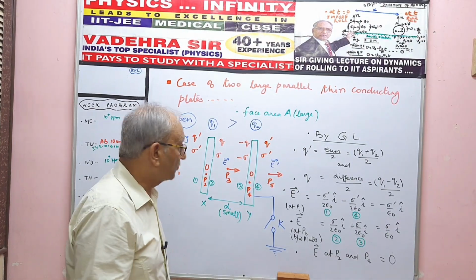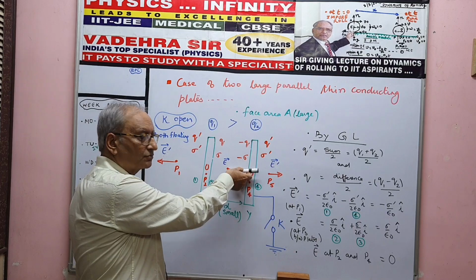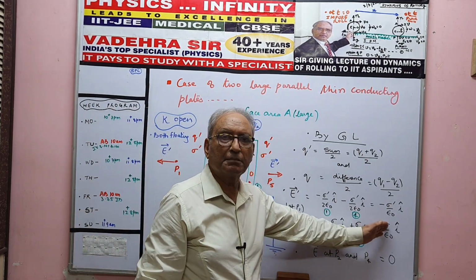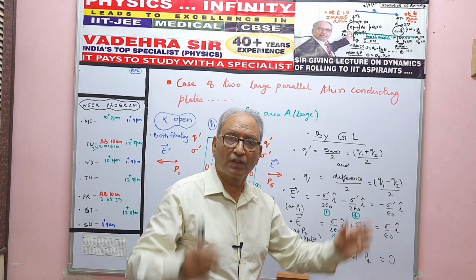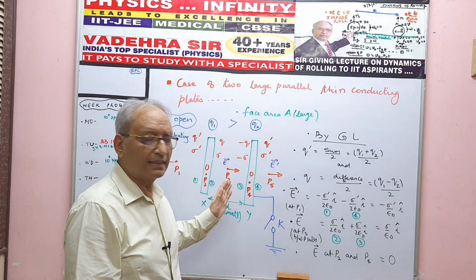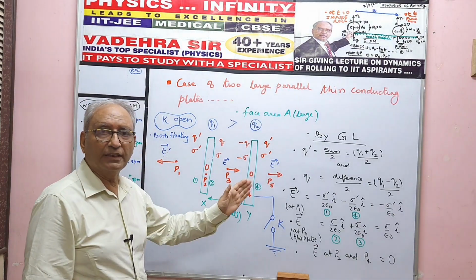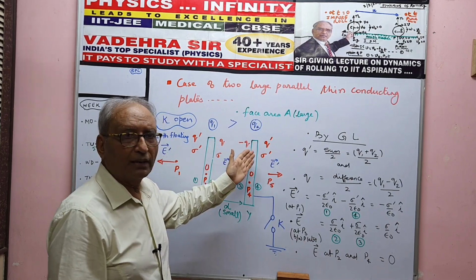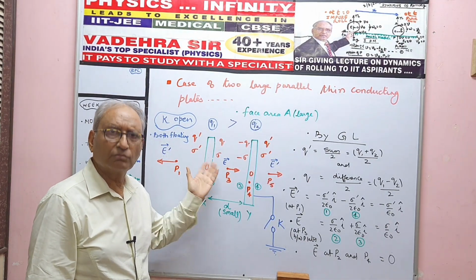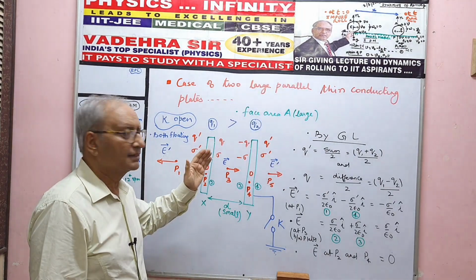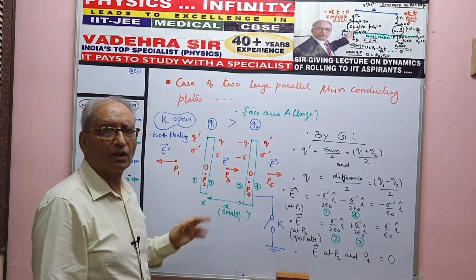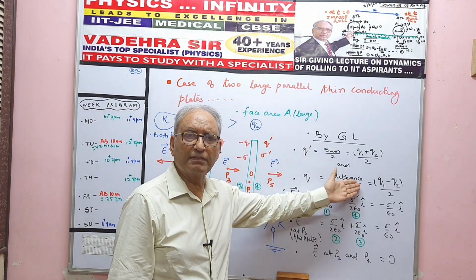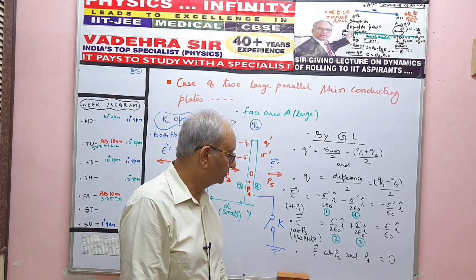The contributions are going to come from this sigma to the right and this minus sigma to the right, and I get sigma upon epsilon naught I cap. Well, that's the field between the plates, sigma upon epsilon naught into I cap, where sigma we can work out as Q by A. Understood? Sigma will be Q by A, sigma dash will be Q dash by A, and Q and Q dash I've shown you here: the sum divided by 2, and the difference divided by 2.